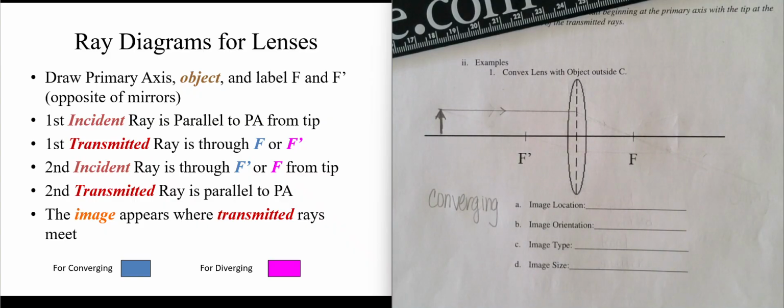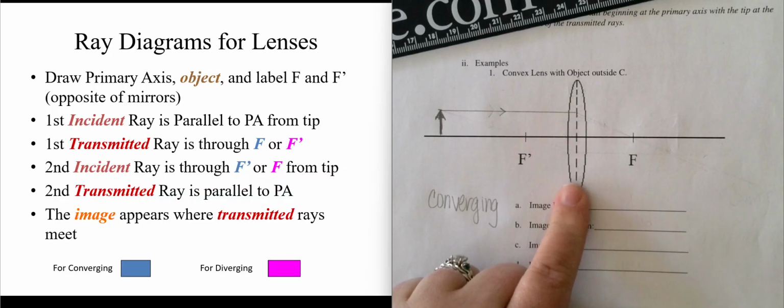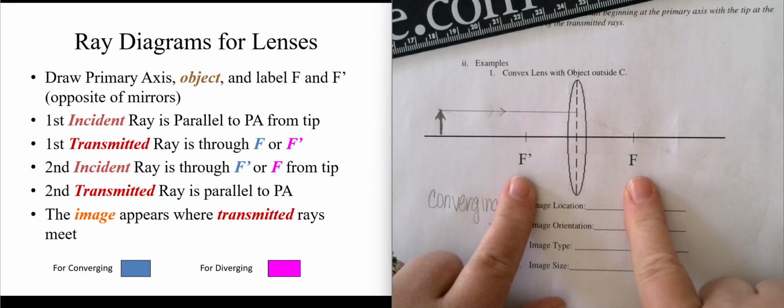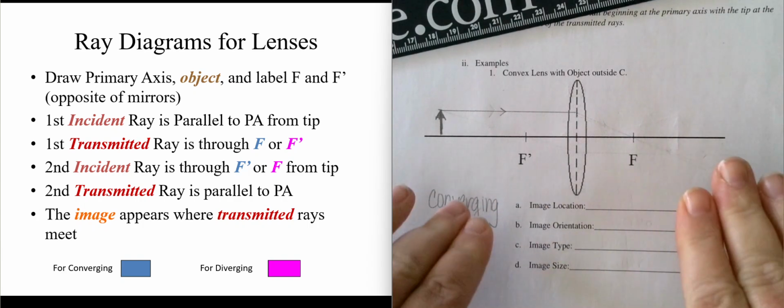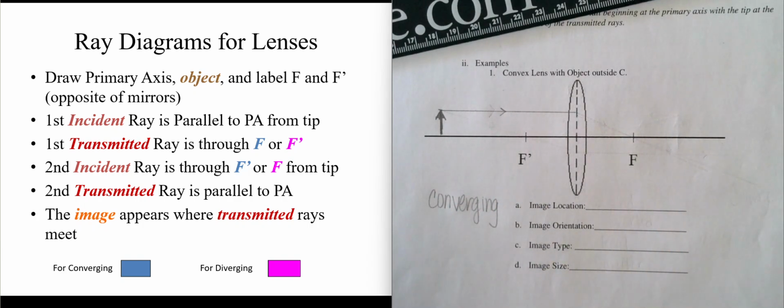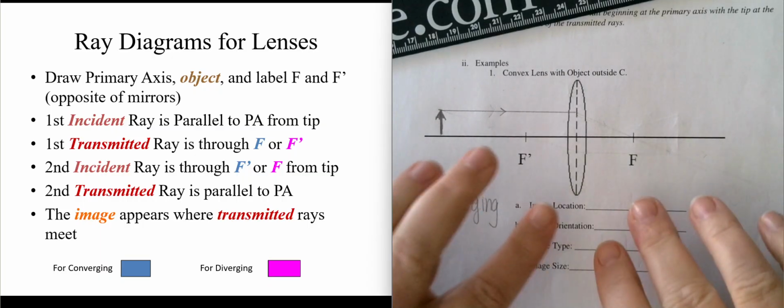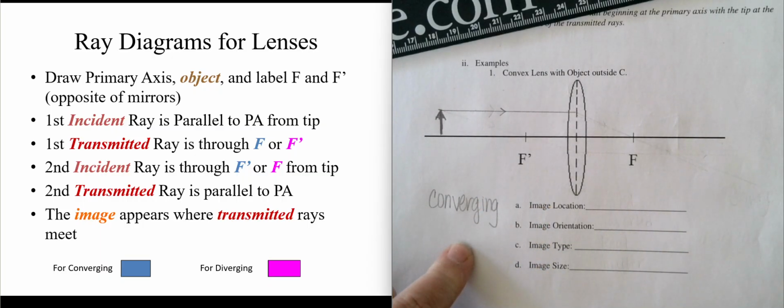Now, the difference between a lens and a mirror is that lenses use both the focal point and the virtual focal point in every drawing, no matter what type of lens it is. But it depends on which order you do them in, depending on whether it's converging or diverging.